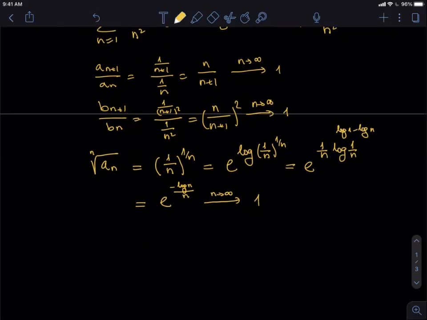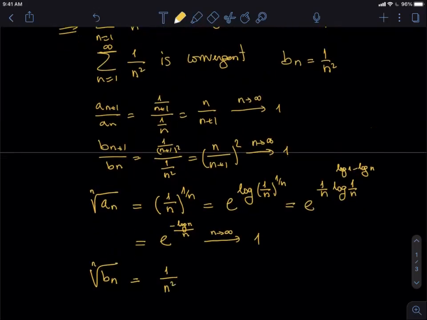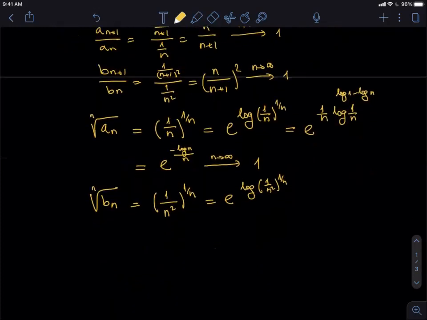Okay, so again it is the inconclusive case. But then if we do it for bn, we'll have 1 over n squared to the power 1 over n, same trick. There are multiple ways to do this limit, but I chose this one in particular because it's very clear, right?